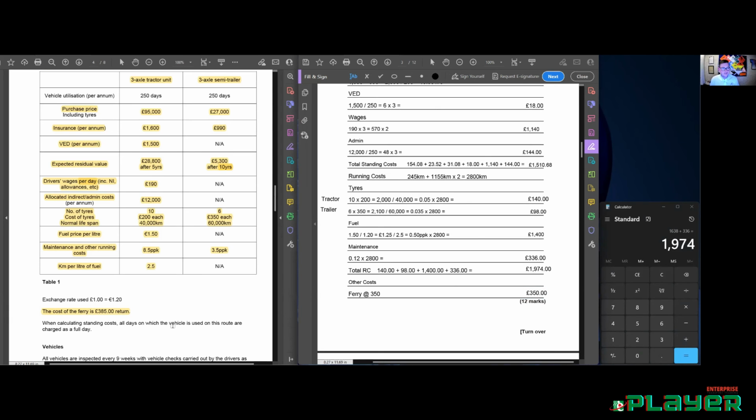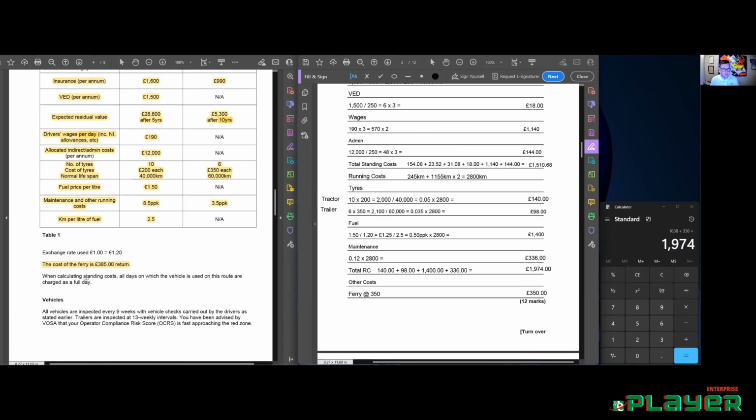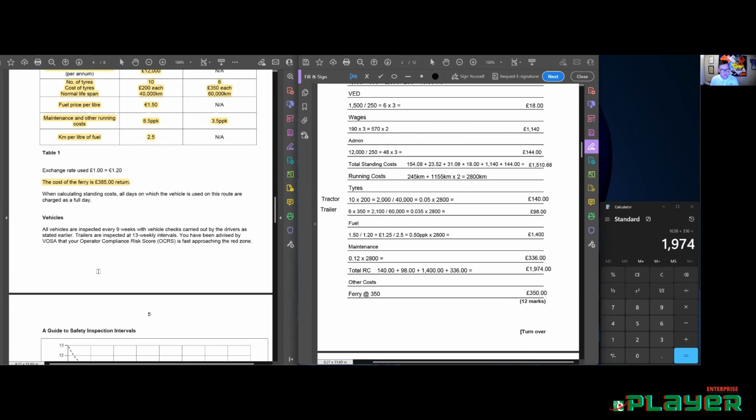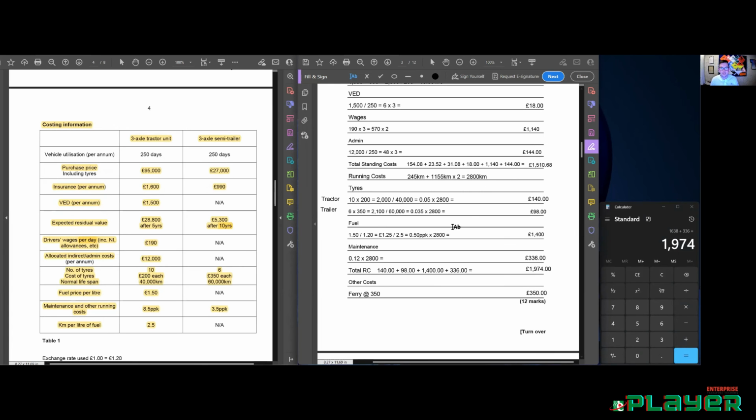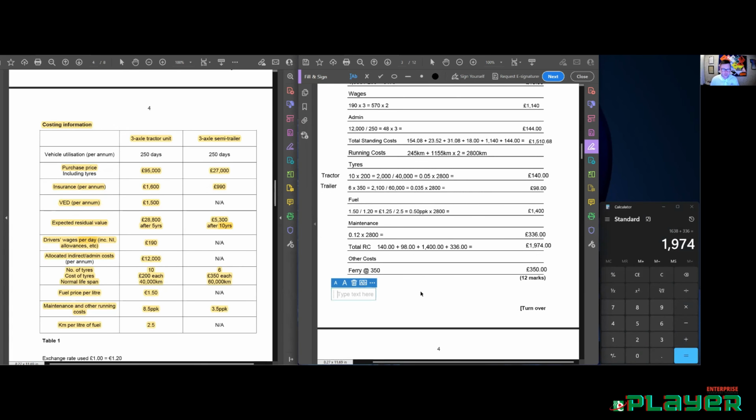So the only thing left to do then, by the look of it, and I would have another quick look through just to make sure you haven't missed anything out, but I'm quite comfortable and happy that I've done everything there. I'm now going to do an overall total.